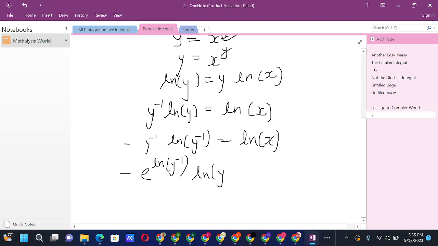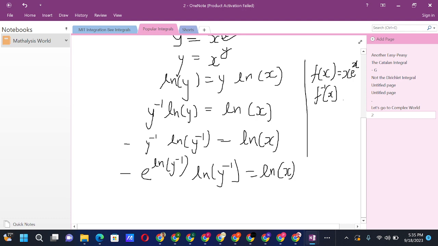Now we can see something similar. If f of x is x e to the power x, then f inverse of x was the Lambert W function.